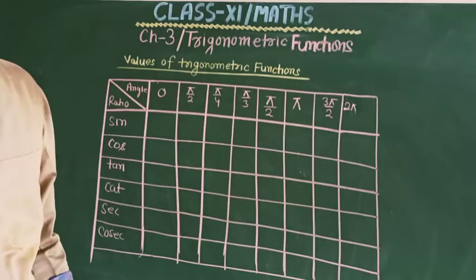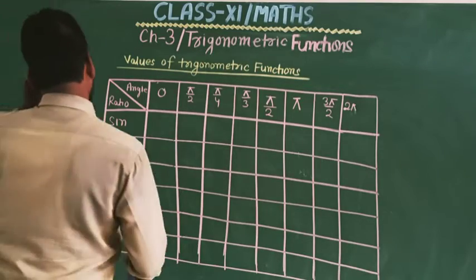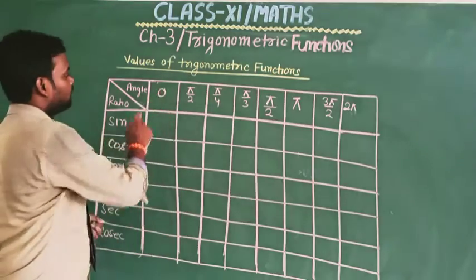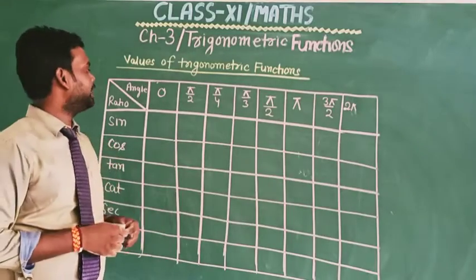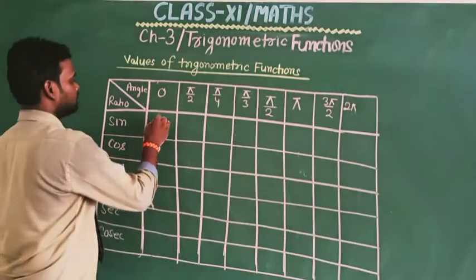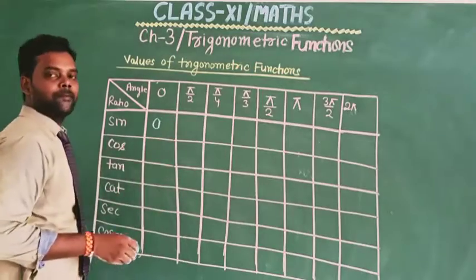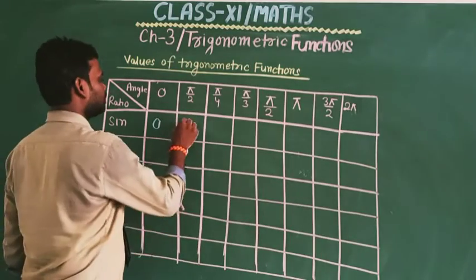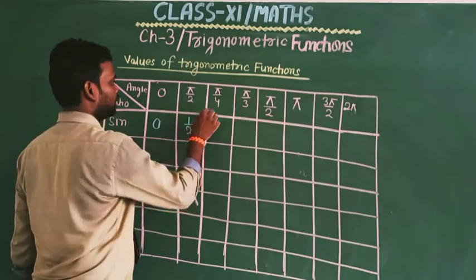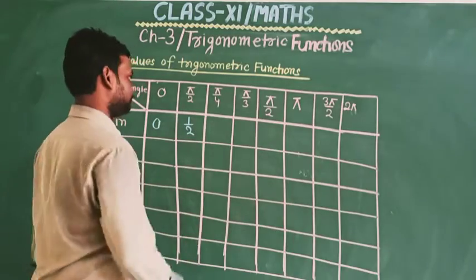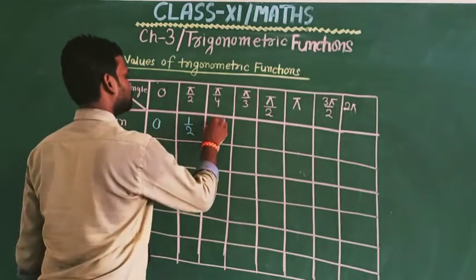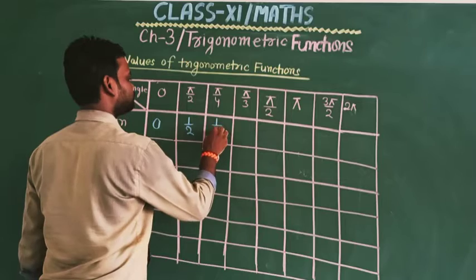So we know the value at 0 radian. This is 0. Then for pi by 6 it is 1 by 2, and next pi by 4 is 1 upon root 2.